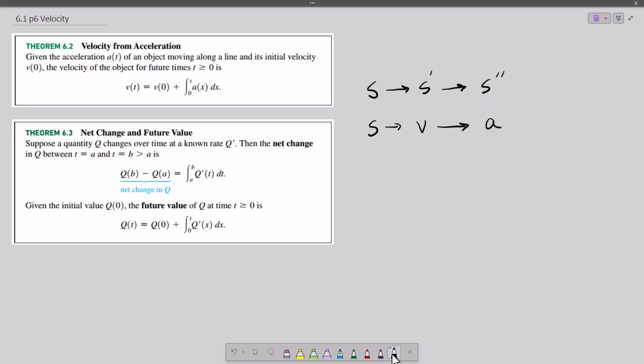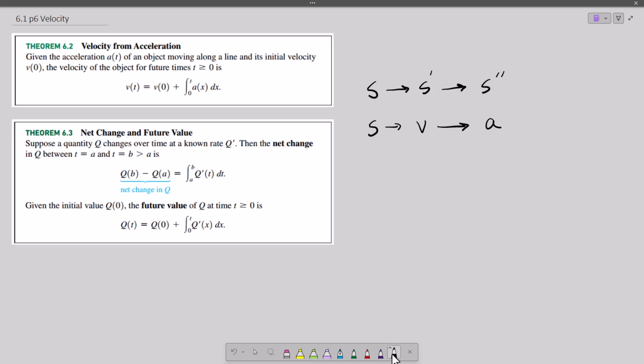If we have acceleration, we would integrate it to get to velocity, and then we could integrate it again to get to position. So if you know the acceleration at time t of some particle moving back and forth on a line, integrate twice and you can get to its position. Start with acceleration, integrate to get to velocity, integrate that to get to position.